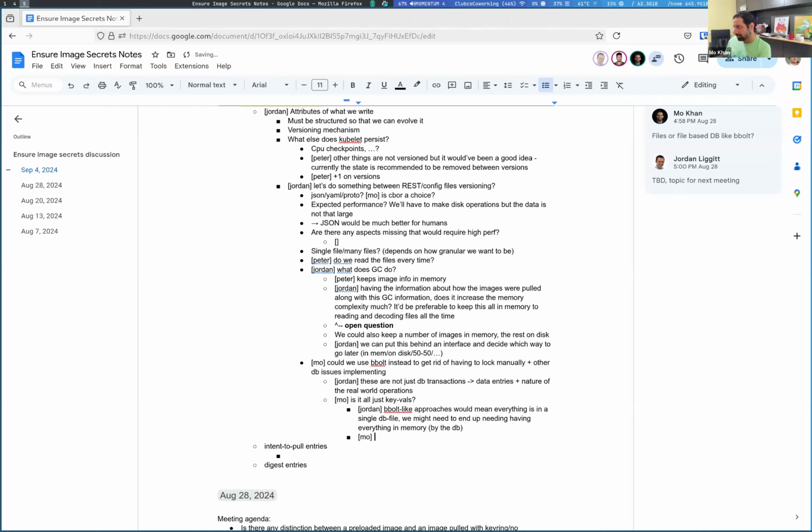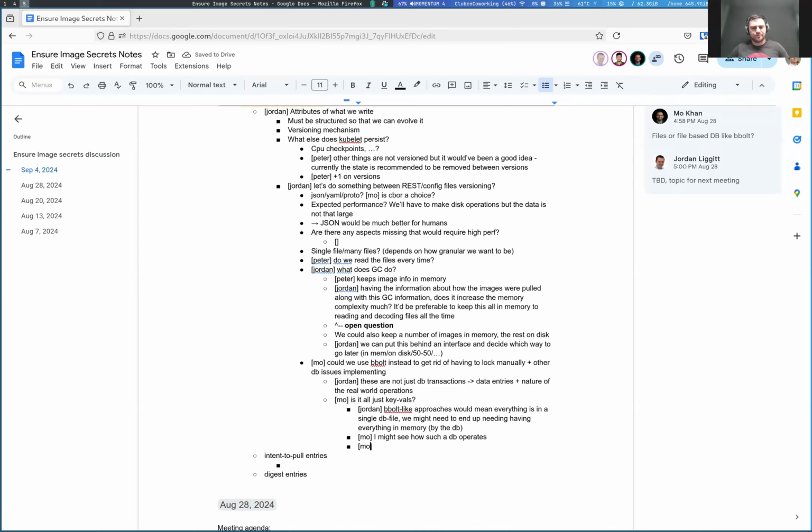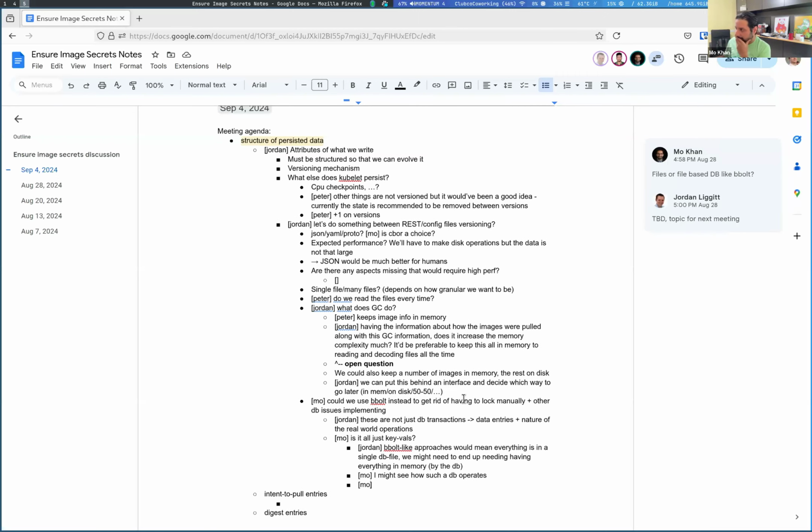But let's presume for a second that's not the case, and it's reasonably memory efficient. What I'm more curious about is, what is our rationale for making per, was it image tag files? I forget what the specific granularity is, but yeah, I think simplicity.